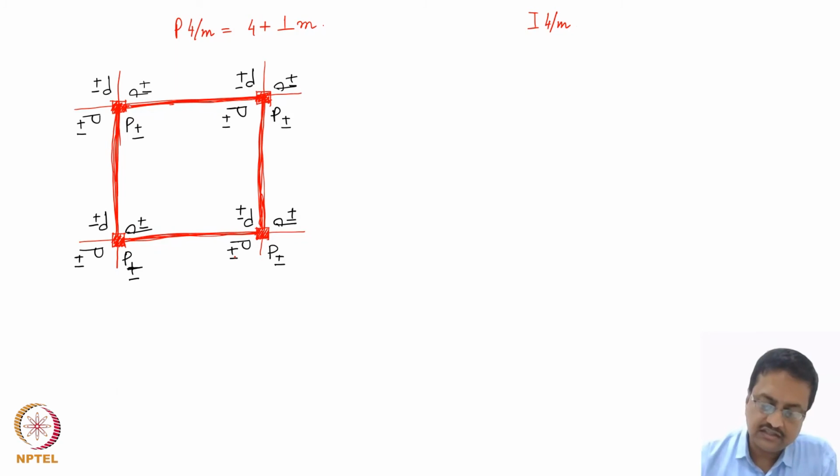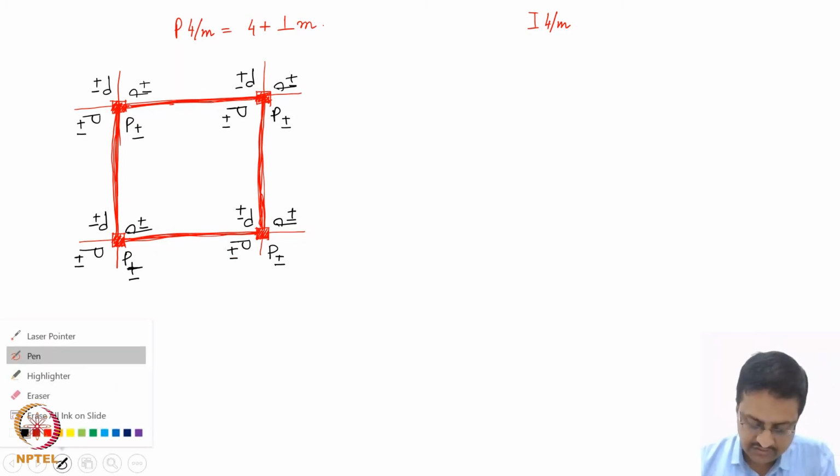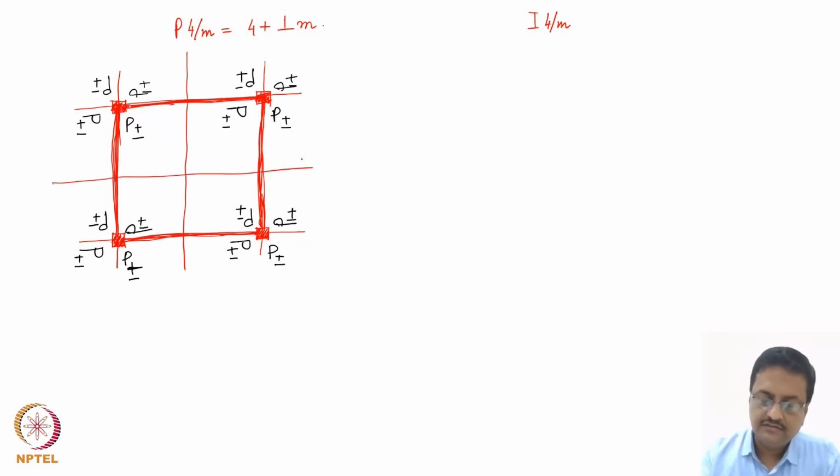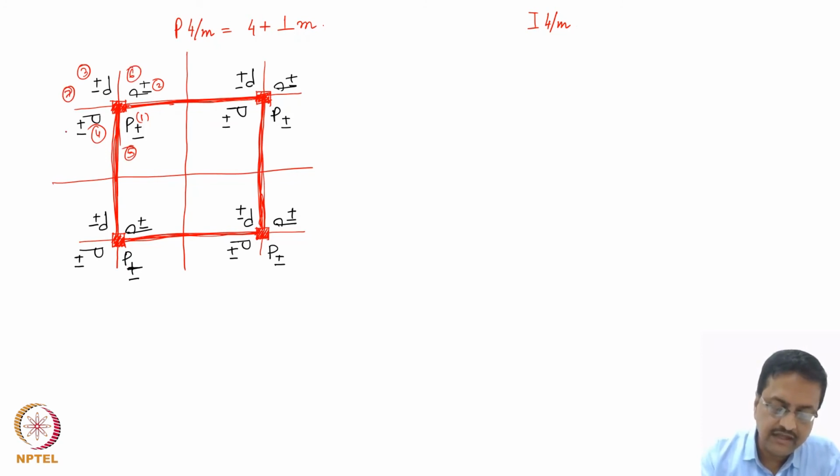So what we see here is, if we now divide this square into 4 parts, we see that the points which are here as 1, 2, 3, 4 and the mirror images which are 5, 6, 7 and 8.